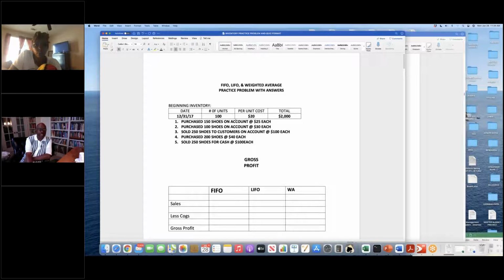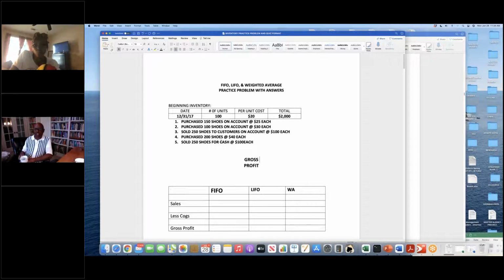So we have here in beginning inventory 100 units at $2,000. Then we have two purchases. Then we sold 250. Then we purchased 200 more. Then we sold 250. So you can see now with our shoe store, it's developing, it's doing more business, it's selling more and more pairs of shoes.